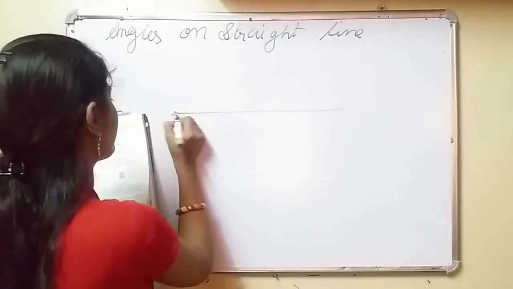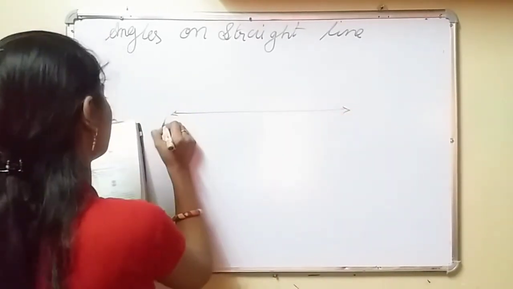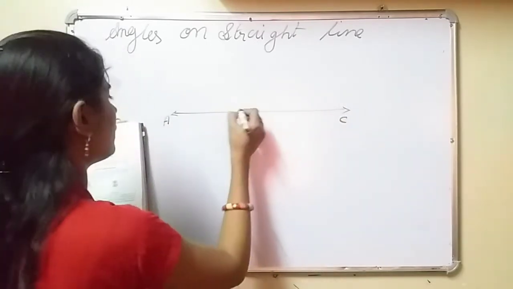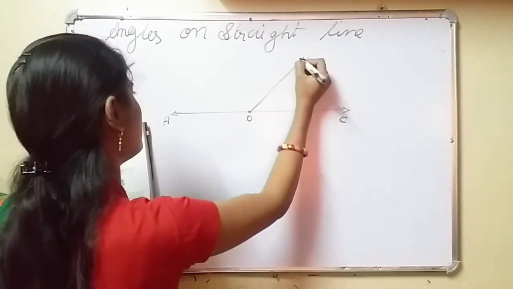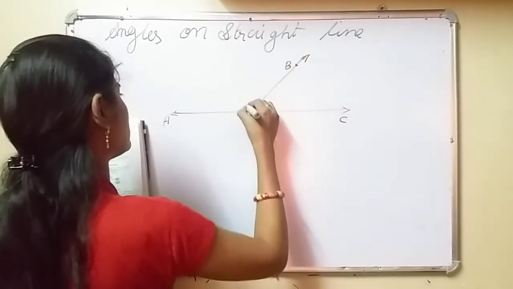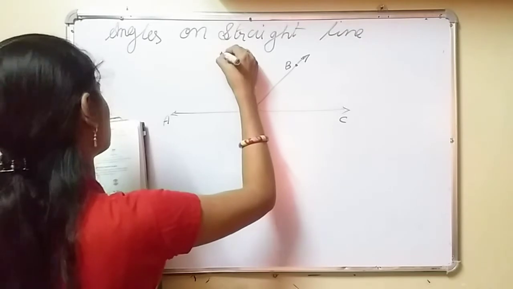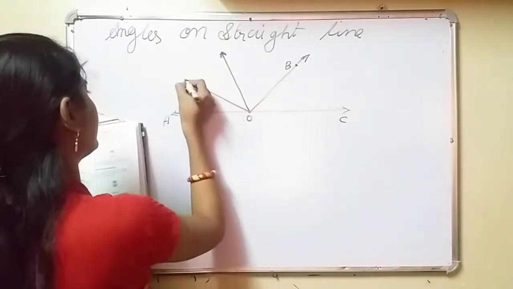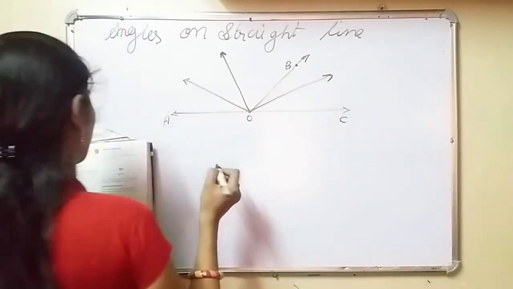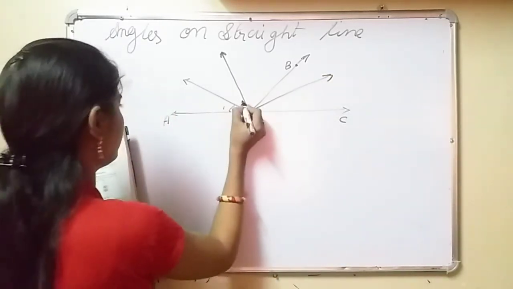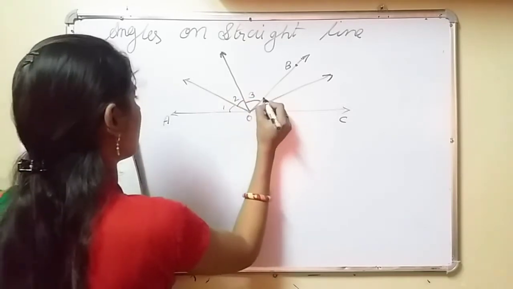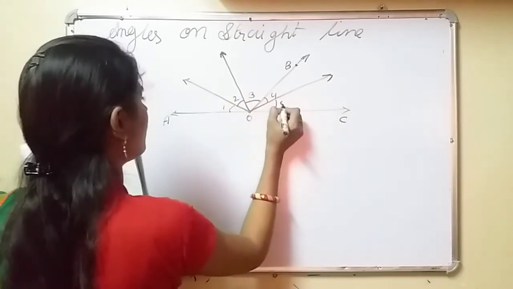Now see, this is A, one point is given O, this is C. Now see, this is your angle point B. This is your angle 1, angle 2, angle 3, angle 4 and angle 5.